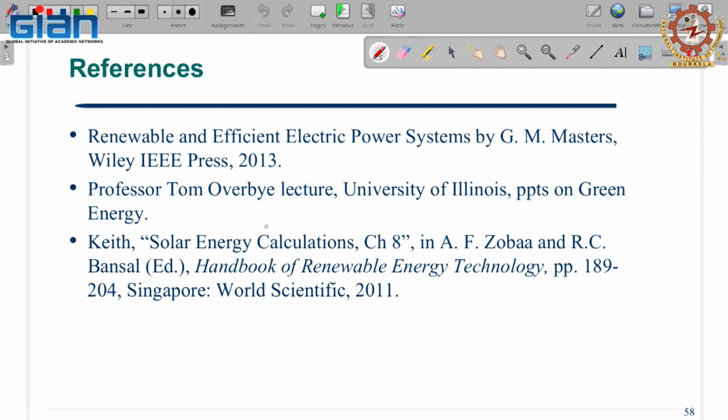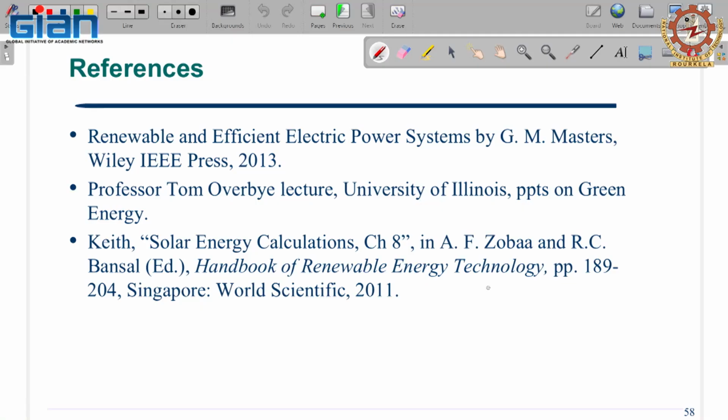Then some of the material was prepared by another professor, so I am the user of that. I have not prepared all the PowerPoint myself. I have to acknowledge and give the credit, right? As you are writing a paper, everything is not written by you. Something is contributed by others, so try to acknowledge everyone.